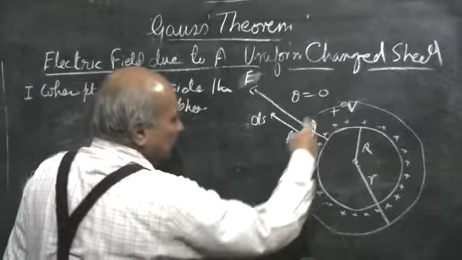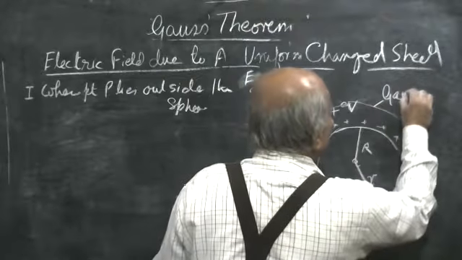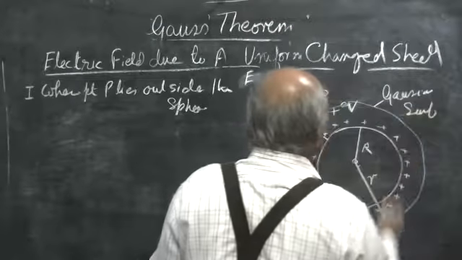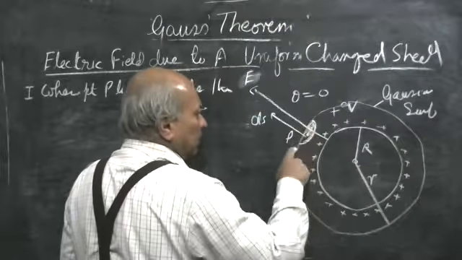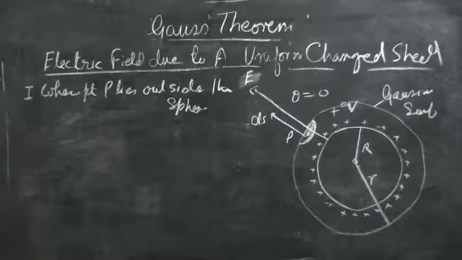This is called the Gaussian surface. On this we have to find out the electric field.